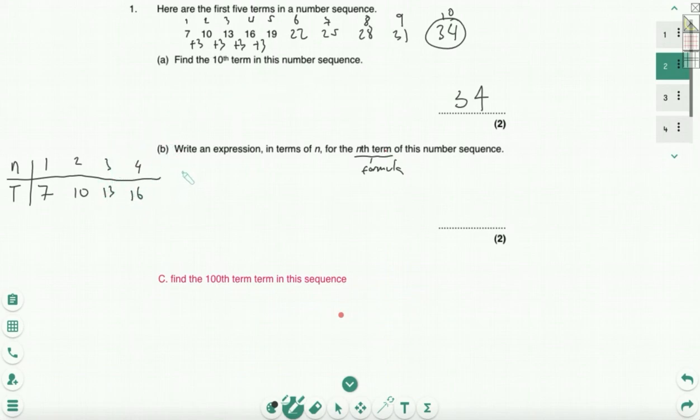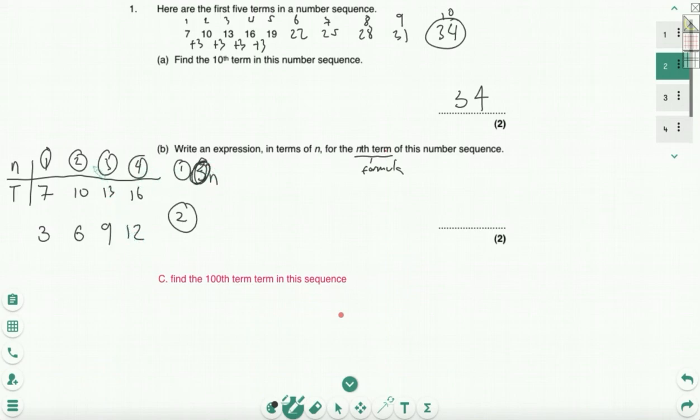So step 1, what's the jump every single time? It's plus 3. Therefore, it's going to be 3n, so 3 times n. Step 2, we're going to multiply 3 by our n values. So 3 times 1 makes 3. 3 times 2 makes 6. 3 times 3 makes 9. 3 times 4 makes 12.